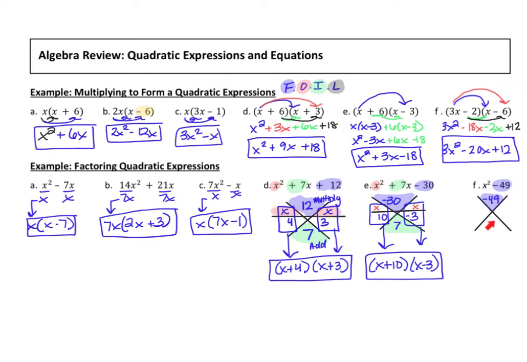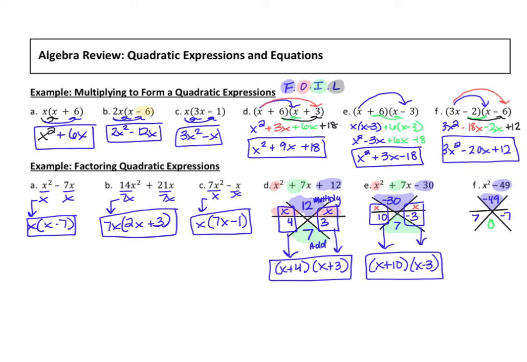Now remember, my bottom number was the term in the middle, but because I don't have the x term in the middle, that means on the bottom, I'm just going to have a 0. So I need two numbers that multiply to negative 49, but add to 0. These two numbers are 7 and negative 7.